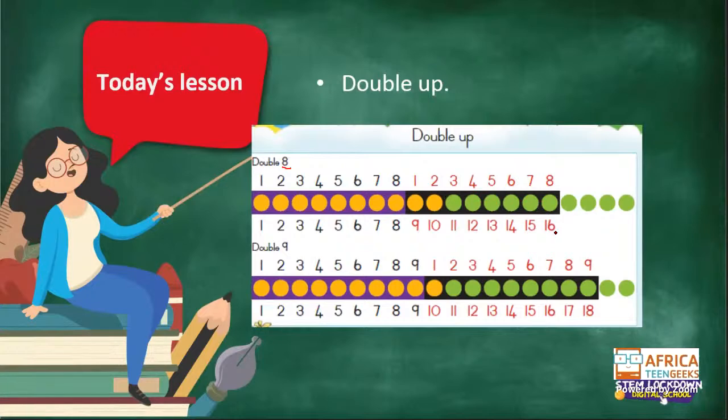And that equals 16. So if we double 8, the answer will be 16. The same with 9. If we double 9, 1, 2, 3, 4, 5, 6, 7, 8, 9. Can you see it here? You have to count on another 9. So the answer will be 18.